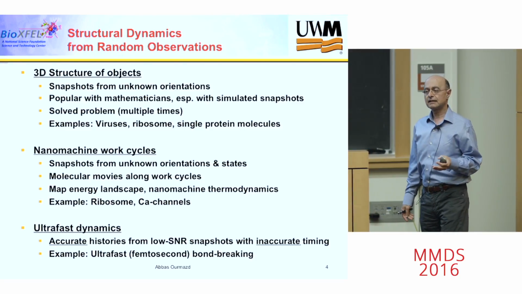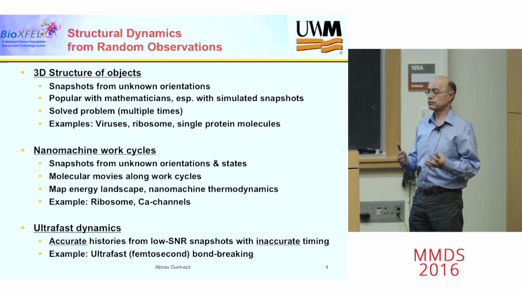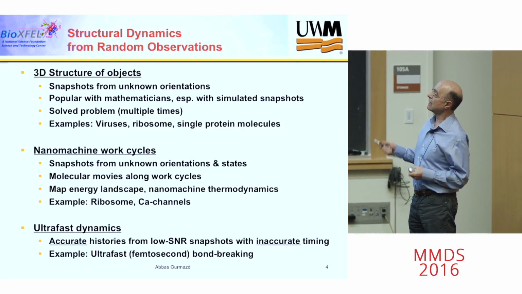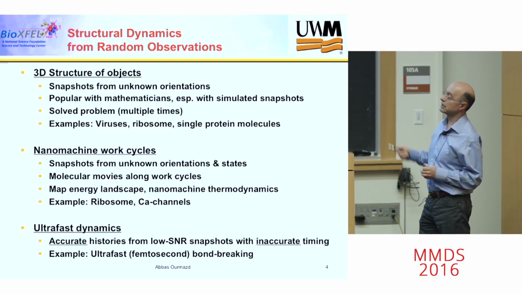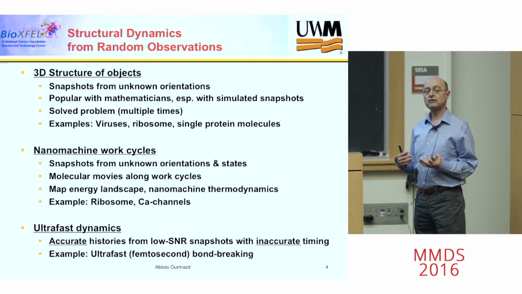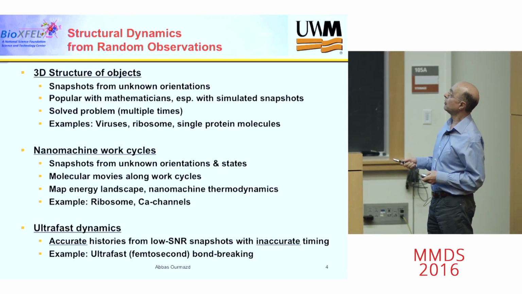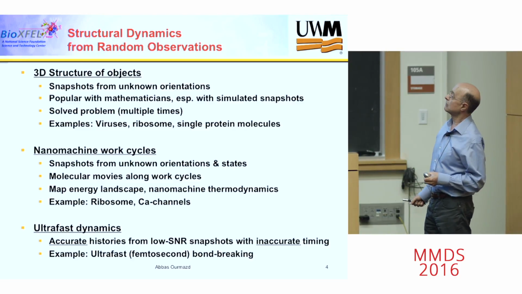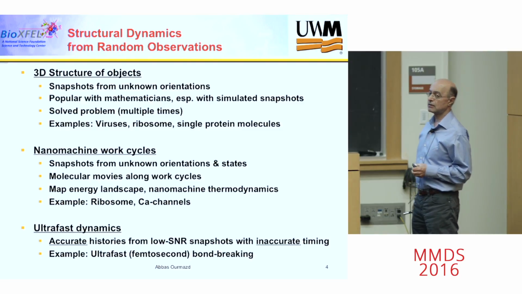Much more interesting is when you want to see an object, a machine of some kind, perform a useful function. Particularly, the examples I'll show here are nanomachines at work, where instead of having snapshots just from unknown orientations, they also emanate from unknown states of the machine undergoing some kind of operation. And I'll show you molecular movies along the work cycles of these nanomachines, how you can map energy landscapes and determine nanomachine thermodynamics.